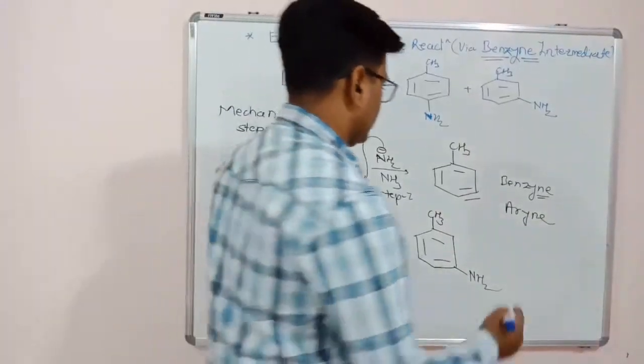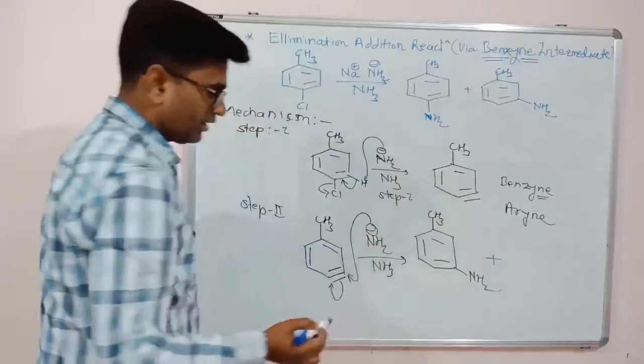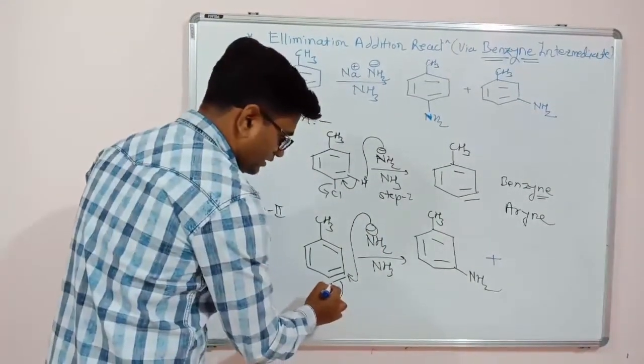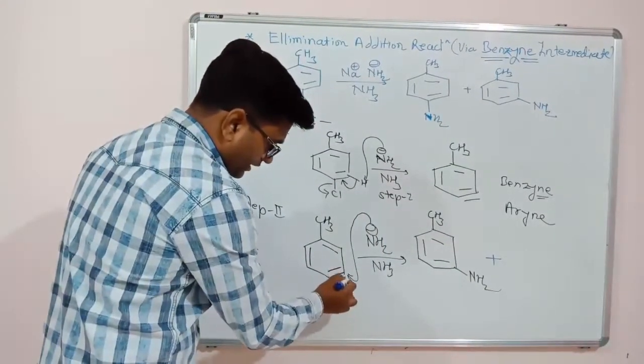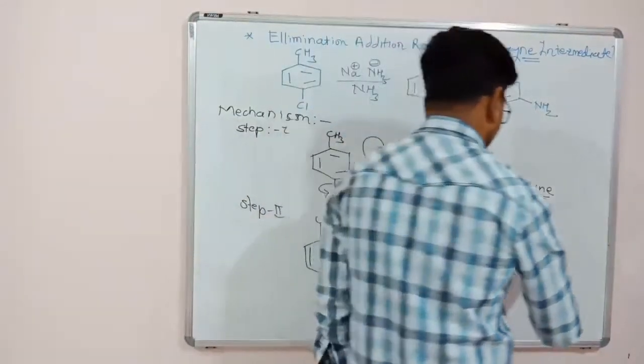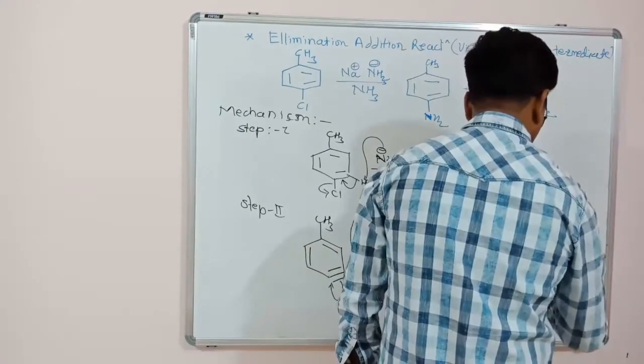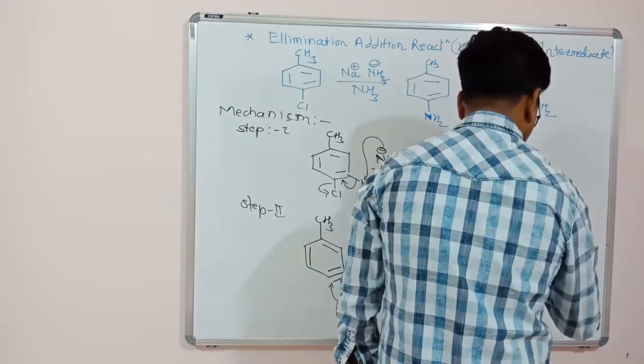Second product, what we will get is, suppose this NH2 attacks this carbon, then this pi bond will break, here will be the negative charge, this negative charge will be stabilized. So the second product we will get like this, para amino toluene.